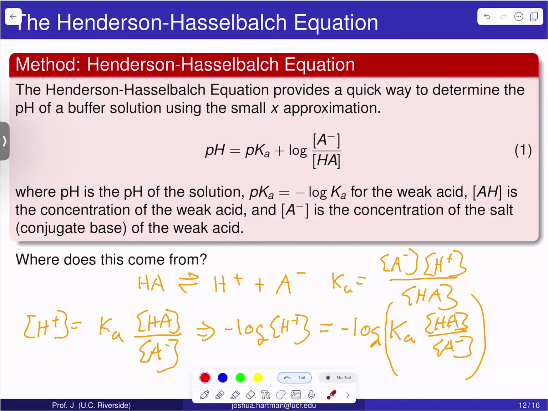And so equation 1 here, the Henderson-Hasselbalch equation, essentially boils down to what we just did with our ICE table calculation using the small x approximation.